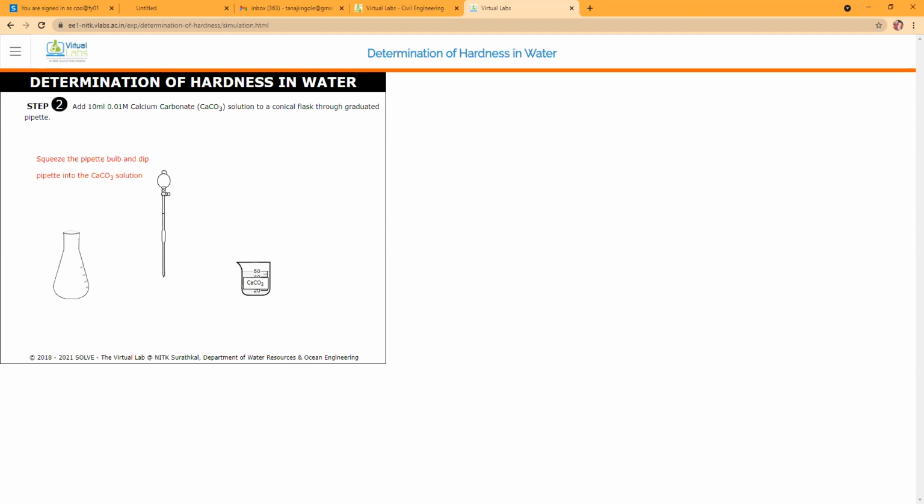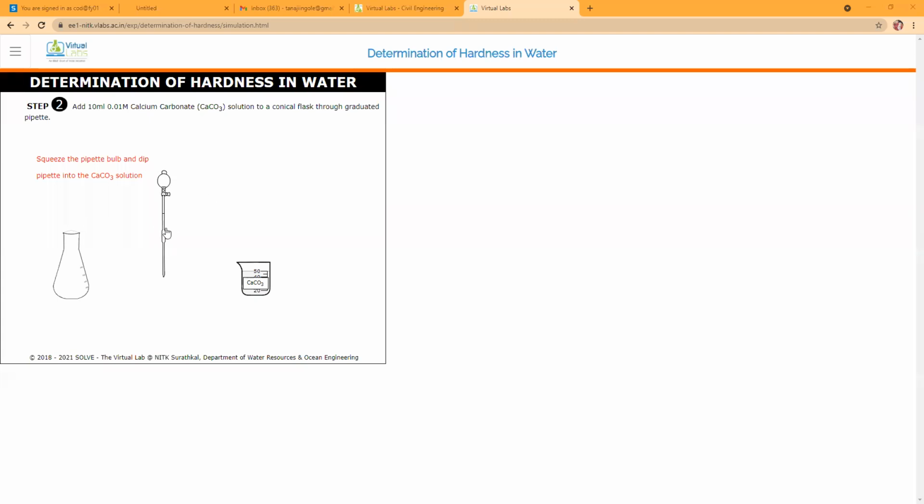Step two: add 10 ml of 0.01 molar calcium carbonate solution to a conical flask through a graduated pipette.